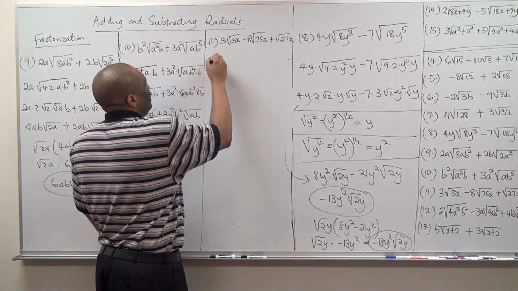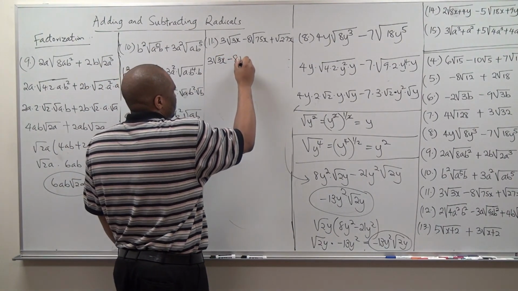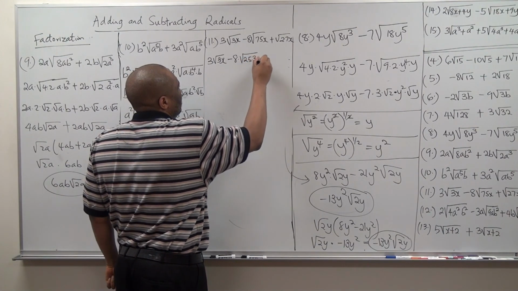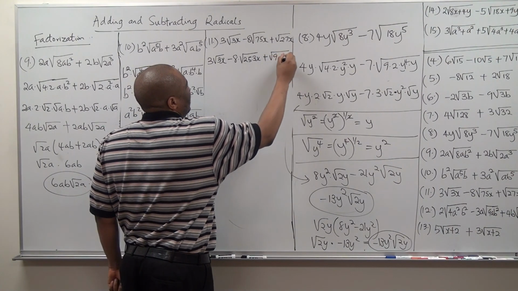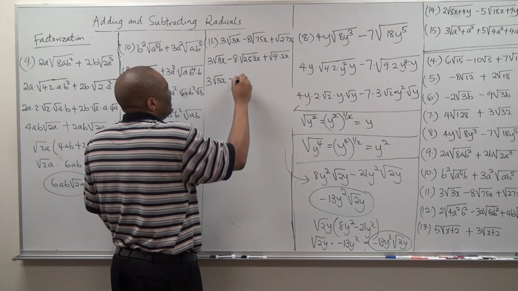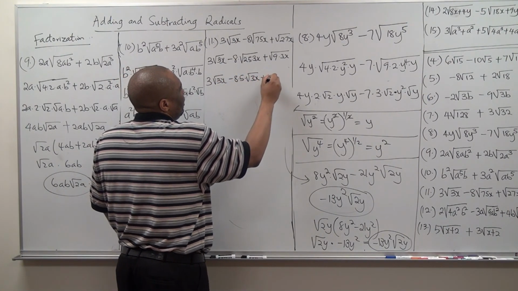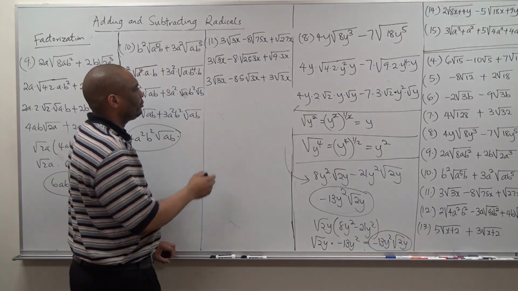So this is now 3 square root of 3x minus 8 times square root of 25 times 3x, right, plus square root of 9 times 3x. So this is 3 square root of 3x minus 8 times 5 times square root of 3x plus 3 times square root of 3x.